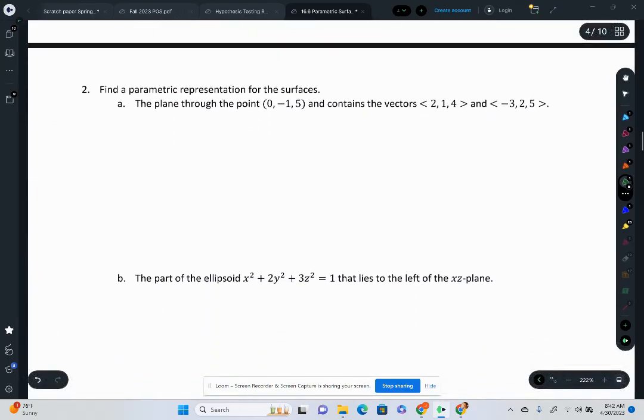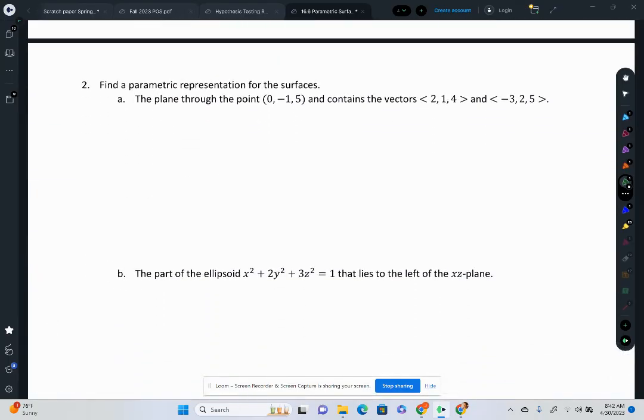All right, number 2, we now need to start with the information in x, y, and z, and work our way towards coming up with a parametric representation for the surface. So in A, we're told to find a parametric representation for the plane that goes through the point 0, -1, 5.